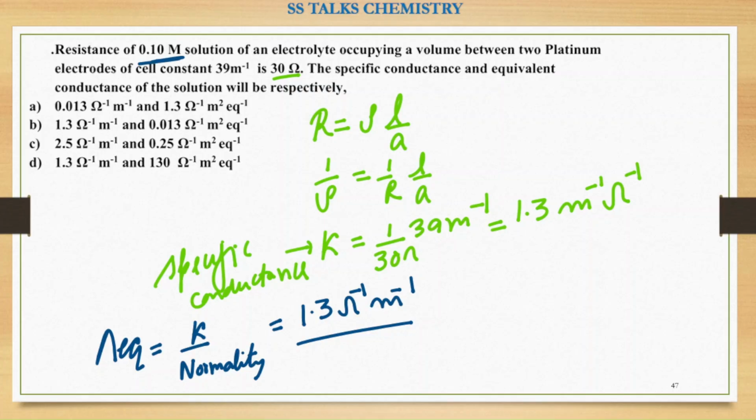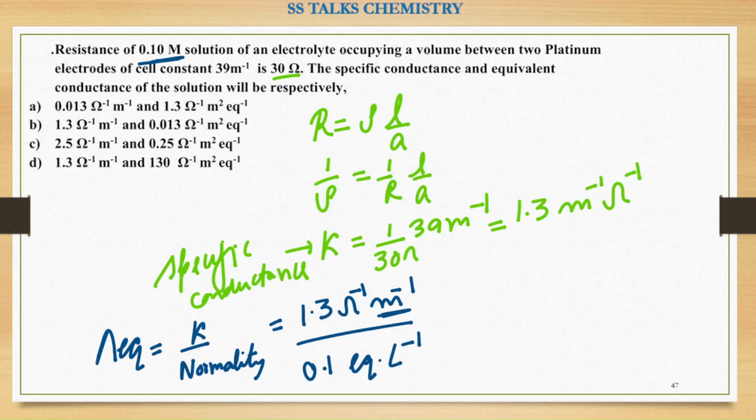So since this concentration term is given, we can consider the n factor equal to 1 only, and molarity and normality can be considered equivalent. So this is going to be 0.1 mole, or gram equivalent you can say, because we are considering normality. So number of gram equivalents per liter. This is going to be the concentration term.